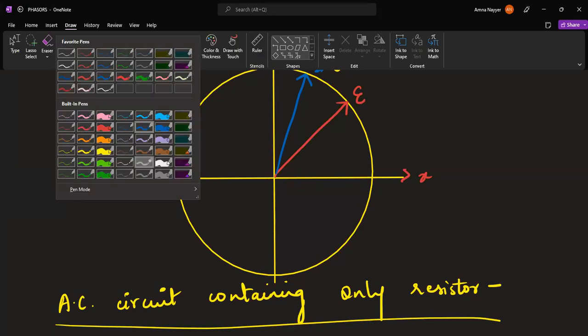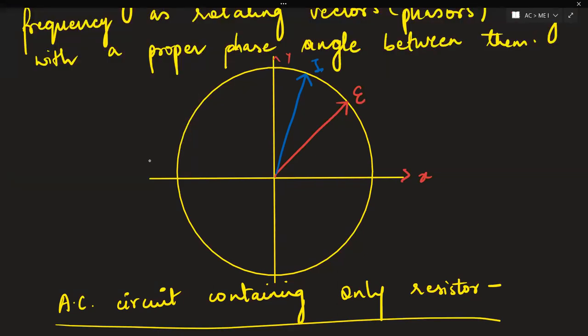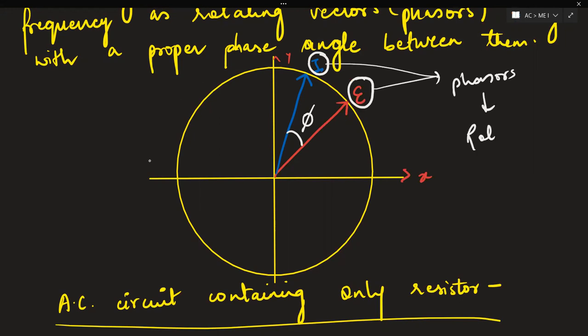Even if I just draw this part, you can at least figure out the phase angle, the phase difference between the current and voltage just by looking at this diagram, right? And these current and voltages together are known as phasors because they are simply rotating vectors.